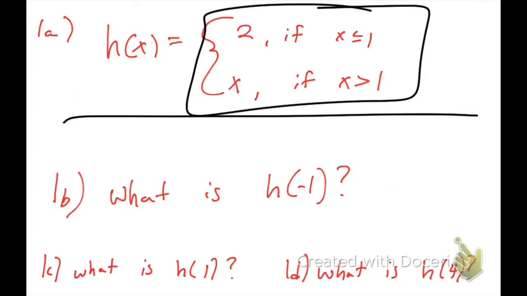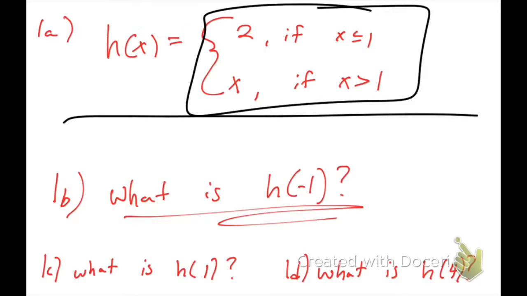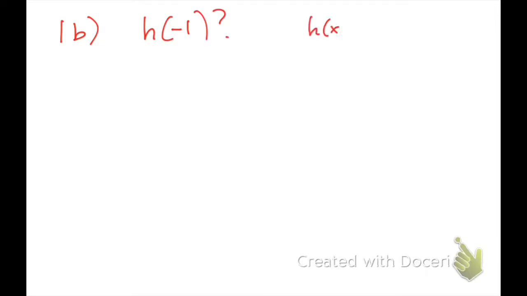Now the second question is, what is h of negative 1? So for this one, how we solve it is, 1b, I have h of negative 1, and let me write this function again: 2 if x is less than or equal to 1, x if x is greater than 1. What I'm evaluating is negative 1. Which of these conditions does it meet?